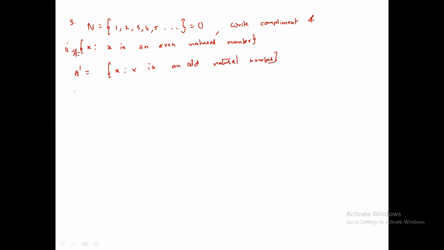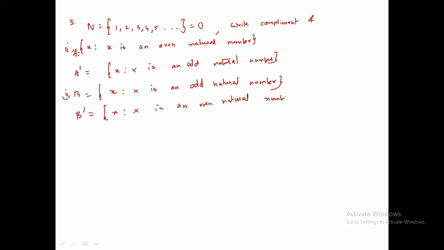Okay, next. Second one, take the set B as x such that x is an odd natural number. So when you want to find B dash, you will remove odd natural numbers. Left are even natural numbers. So B dash is the set having even natural numbers.